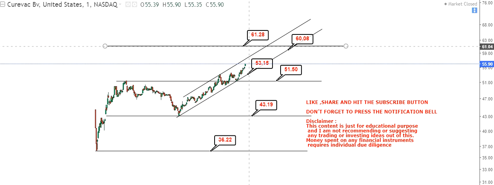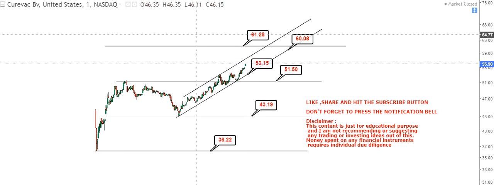Because this is a short term time frame chart and trend analysis, we are looking at our immediate target of 61. Once the stock reaches there, we will further analyze whether it will go down, go up, or consolidate, looking at the chart structure. And yes, it could probably happen that the stock momentum could continue.